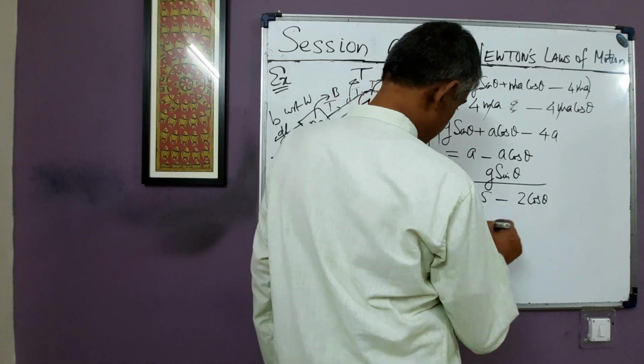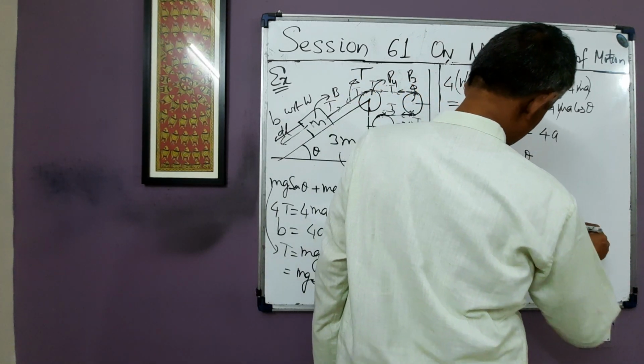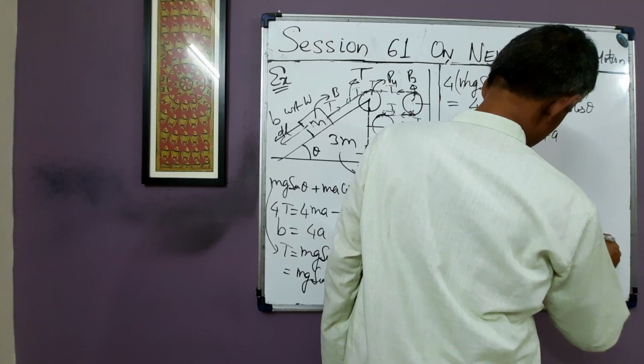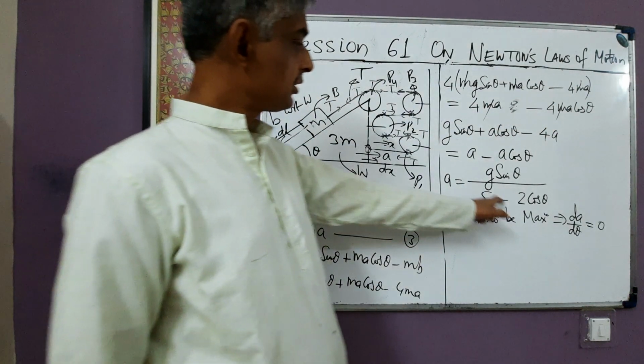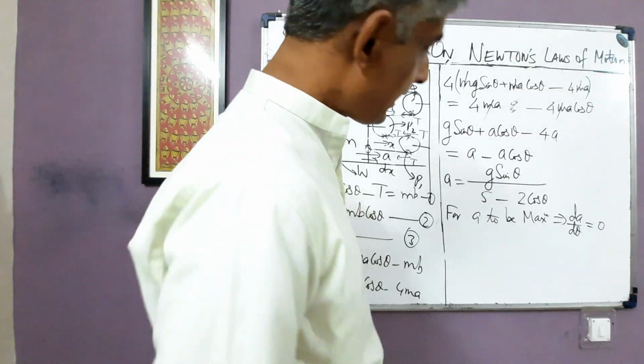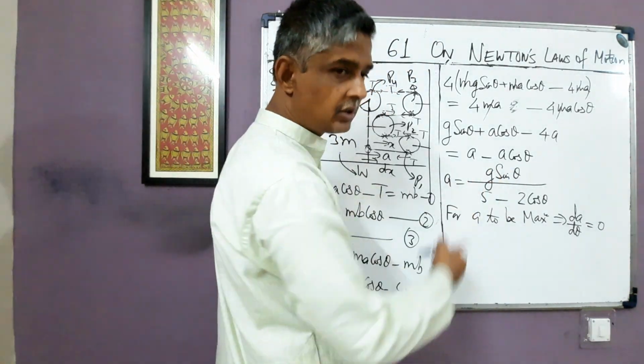Now for a to be maximum, this implies dA by d theta is 0 by the rule of calculus. I differentiate it using the quotient rule of calculus and I am interested only in the numerator part of it. So g comes outside because that is a constant term.